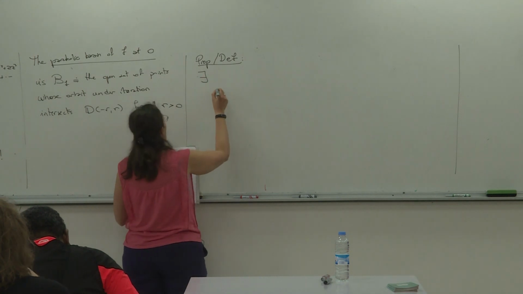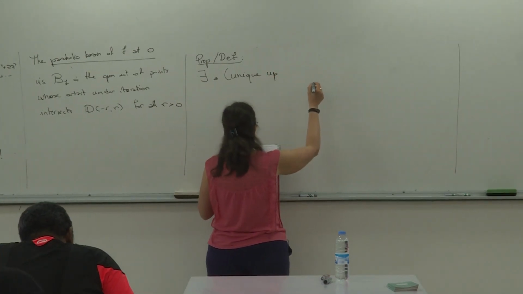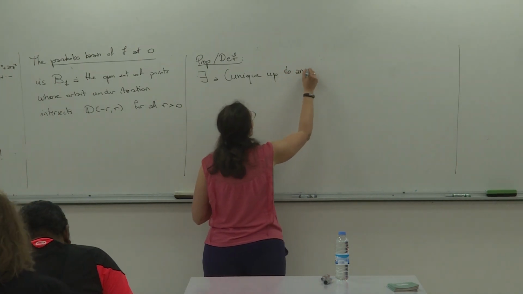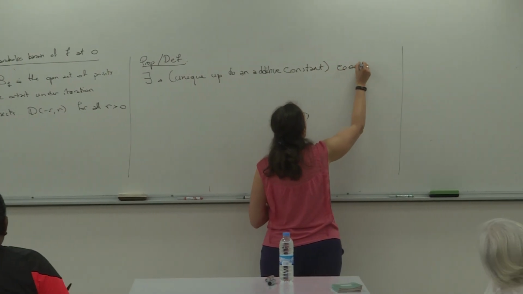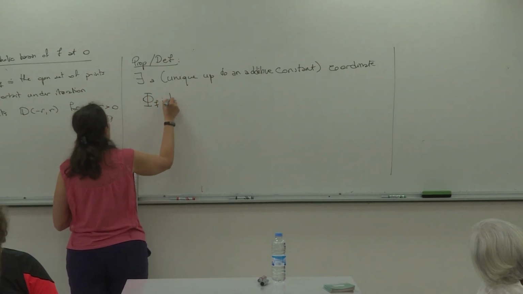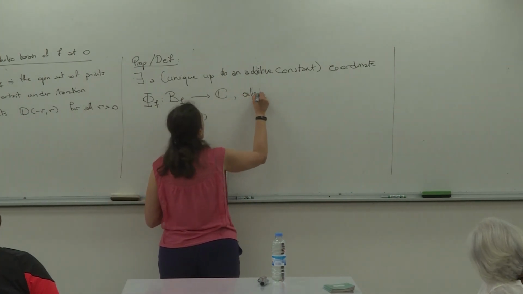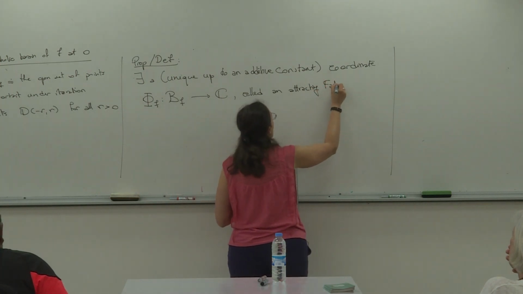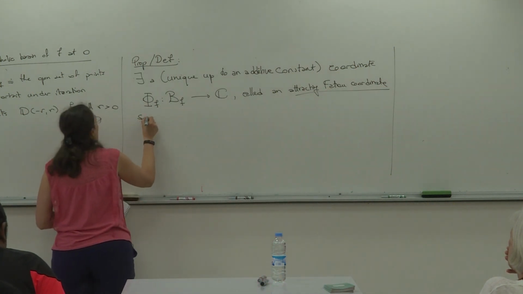Okay, so there exists a unique up to constants coordinate that I'm going to call capital phi of f, which is defined from the basin, and it's going to land in C, which is called an attracting Fatou coordinate. Which is holomorphic, of course.